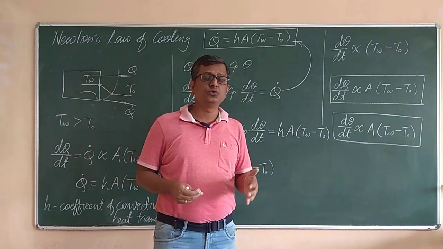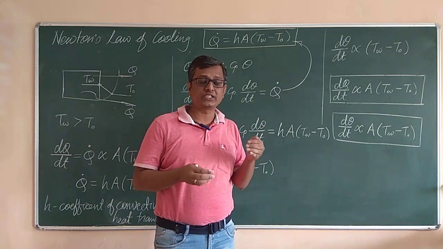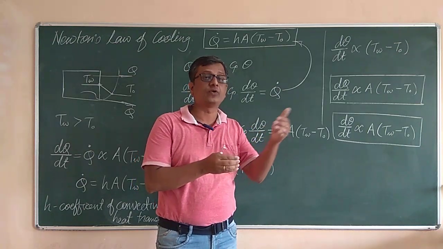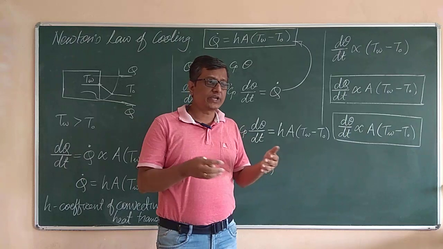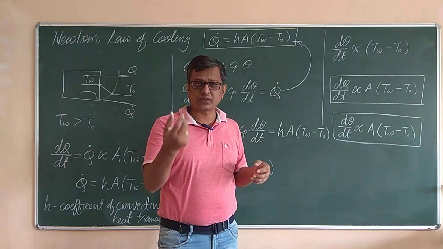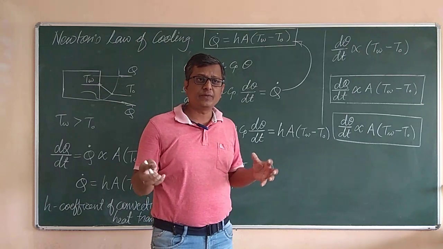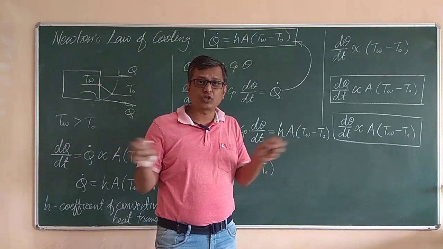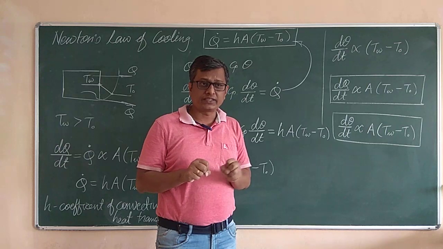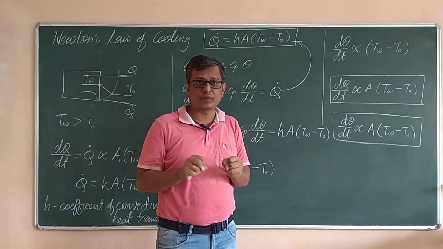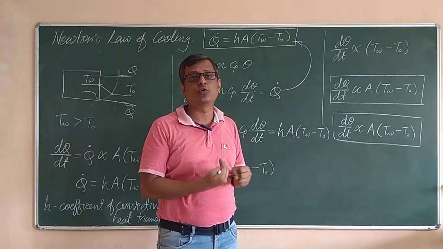That cooling is due to the convective mode of heat transfer from that hot cup to the surrounding air. If you take any cold object, for example an ice cube, and put it on the table, after some time it will melt. Why? Since it absorbs heat from the surrounding air, and that absorption of heat is by the convective mode of heat transfer.